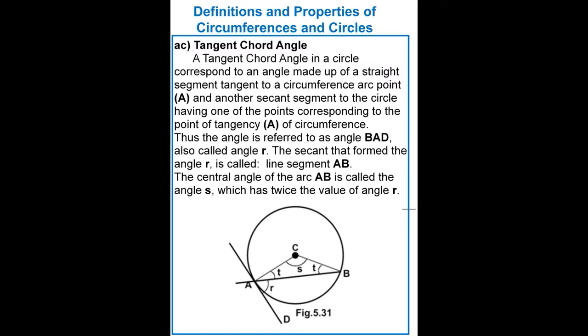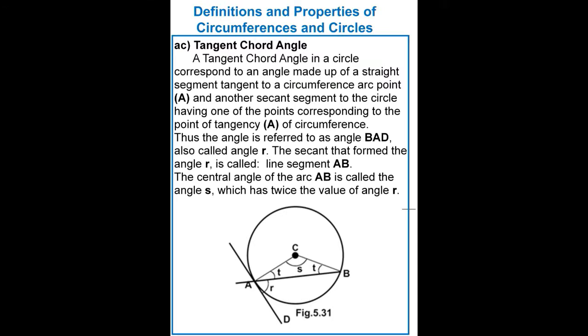This slide shows a tangent chord angle of a circumference. Figure 5.31 shows the tangent chord angle, that is the angle BAG. A tangent chord angle of a circumference is formed by a tangent to a point on the circumference and a secant straight line originating at the point of tangency.